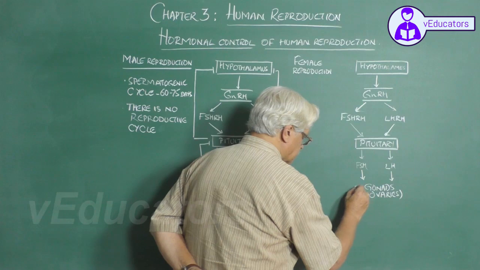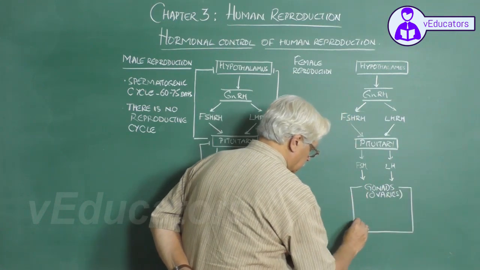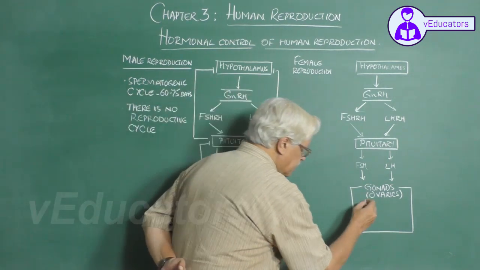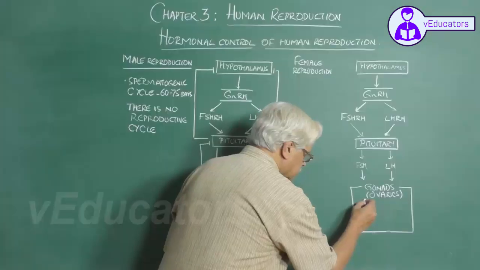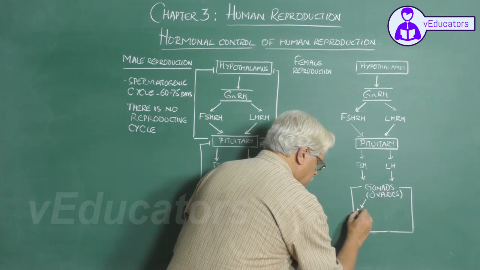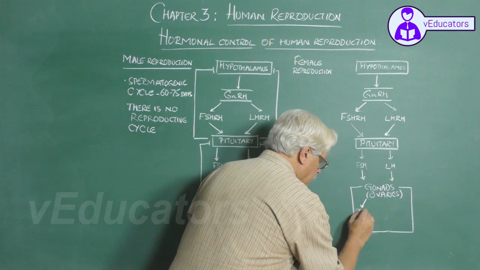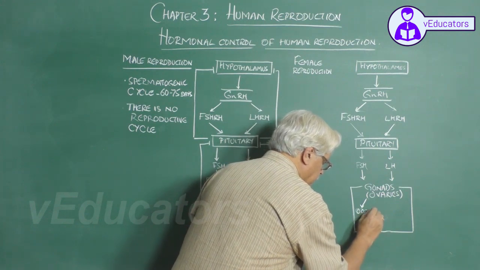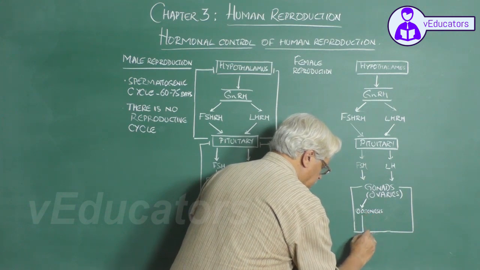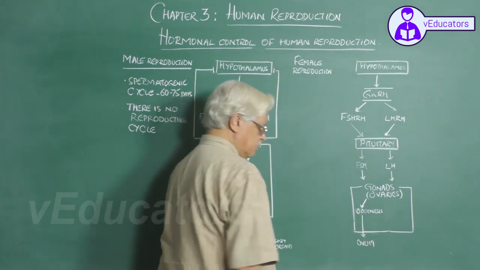In the ovaries, FSH mainly influences oogenesis, and oogenesis results in the formation of ovum.